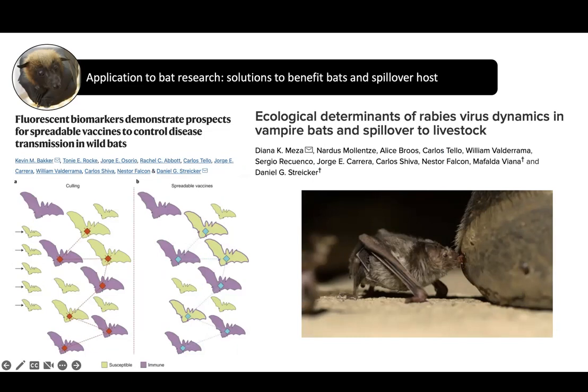And so in some areas, especially in Latin America, vampire bats have gotten a bad rap for spreading rabies to cattle through blood feeding. An unfortunate intervention that was developed for this was targeting the behavior of bats rather than understanding the disease dynamics. So something called vampiricide was developed to take advantage of the fact that the bats groom each other.